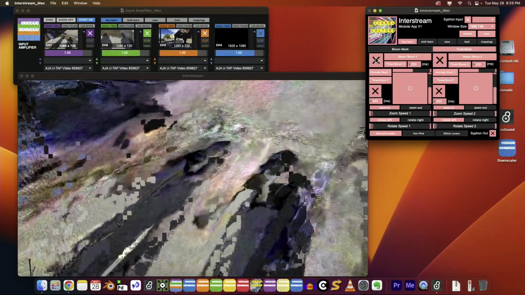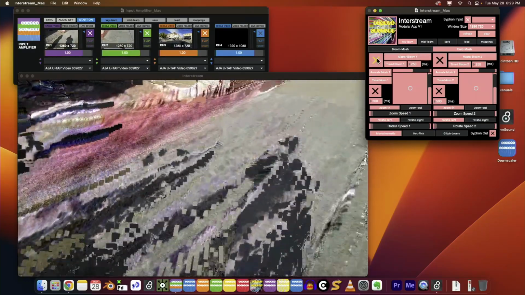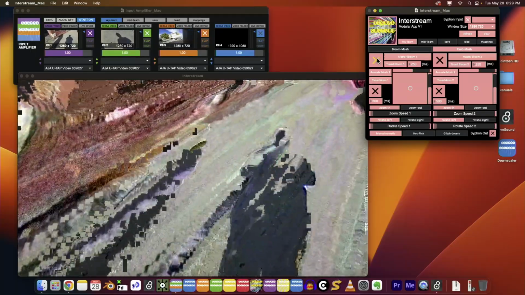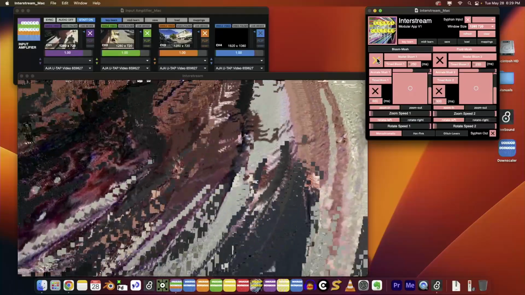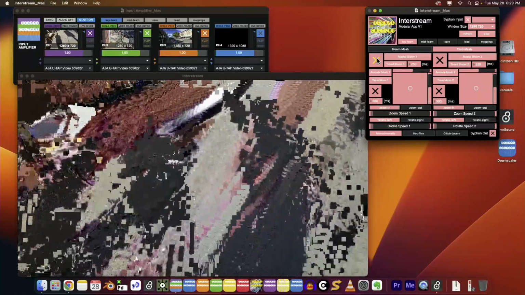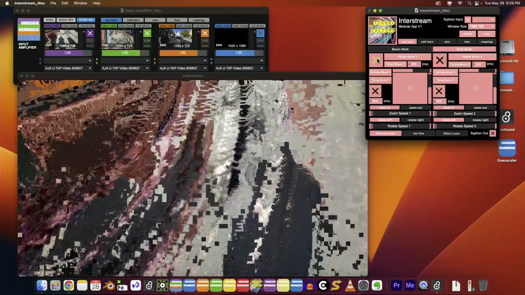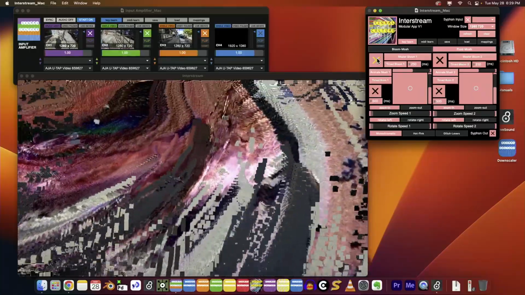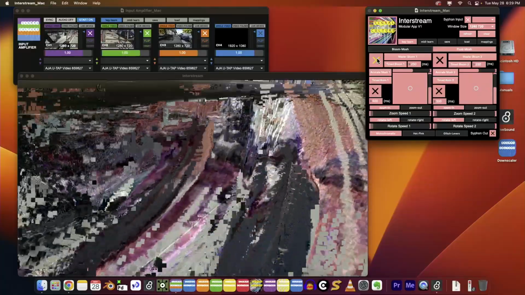So if I click under Fluid Mosh Bloom, see, now it's moving in that direction, but also has artifacts from that bloom moving through it simultaneously. So you get a little bit of that bloom effect while also getting a little bit of that fluid mosh.